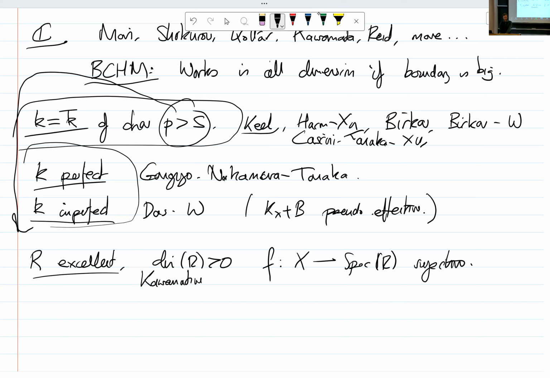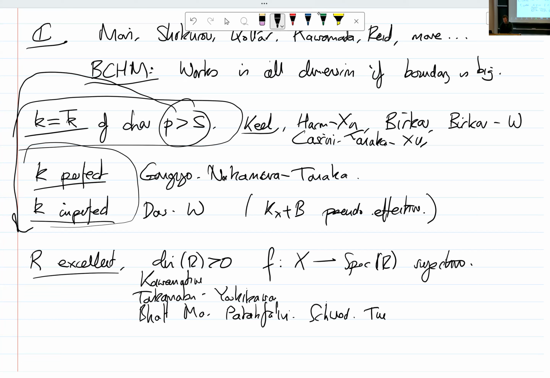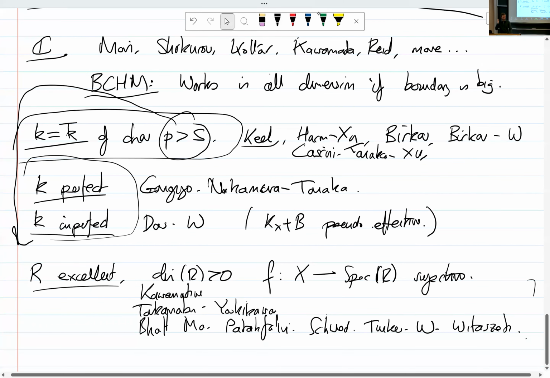Then the recent stuff, so Takamatsu, Yoshikawa, and the 7 author, so that's Bhatt, Ma, Patakfalvi, Schwede, Tucker, me, and Witaszek. And this is the general relative case. Okay, so I guess I should say a bit about why this stuff works.